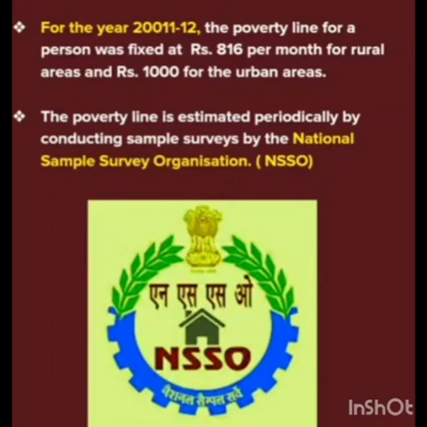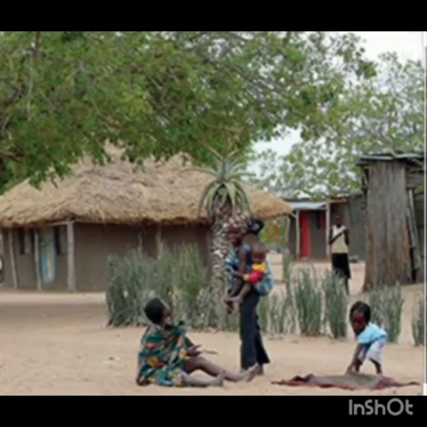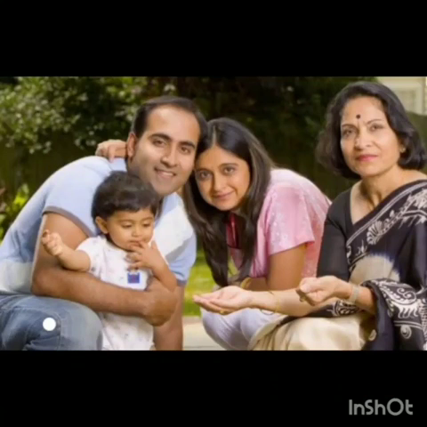Now, a family of 5 members living in rural areas and earning less than about 4080 rupees per month will be below the poverty line. Similarly, a family in urban areas would need a minimum of rupees 5000 per month to meet the basic requirements.